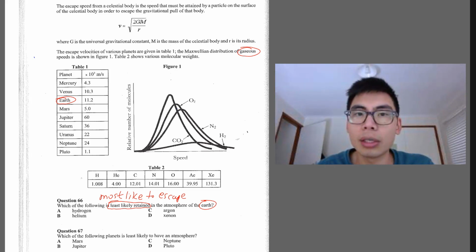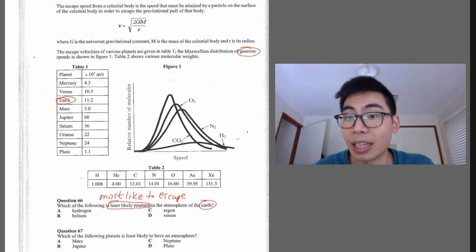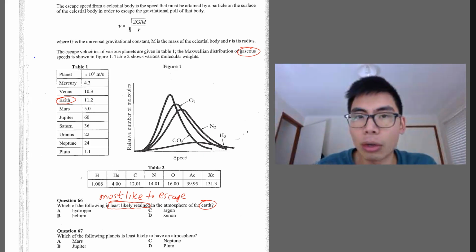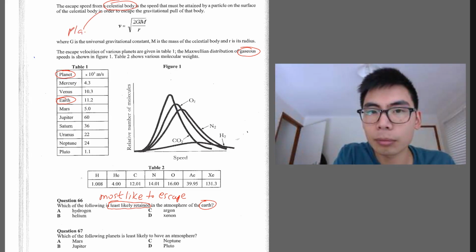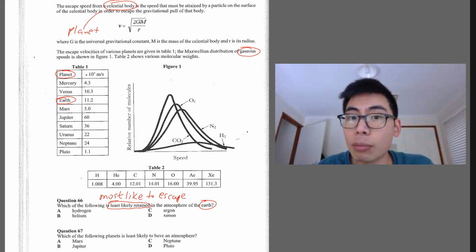So for example, the escape speed from a celestial body. Now, hopefully you guys know what that's talking about. It's talking about planets, essentially, and you can see it does mention planets. So we could just change that to planets. Okay, so the escape speed from a planet is the speed that must be attained by a particle.